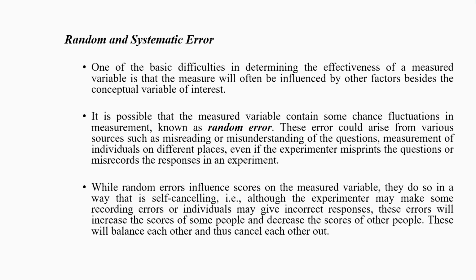Although the experimenter can make some recording errors or the individuals can give some incorrect responses, typically these errors will increase the scores of some people and decrease the scores of some other people. That is one of the reasons why people work with means and averages: this will all balance each other out, and the amount of error in your critical measurement will be reduced.